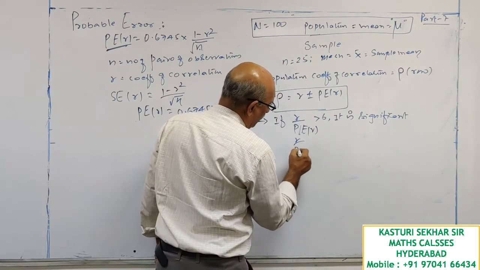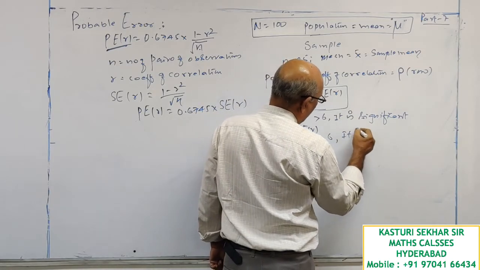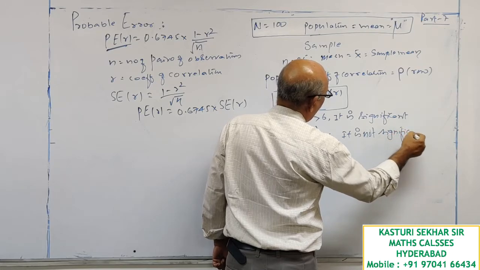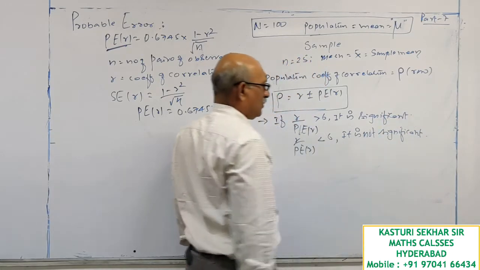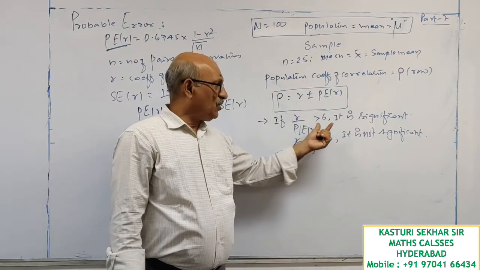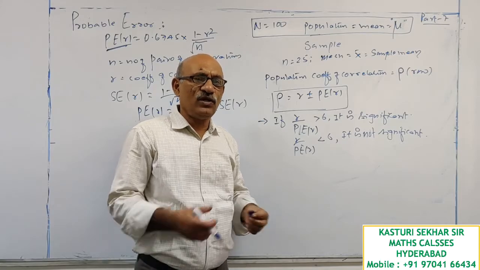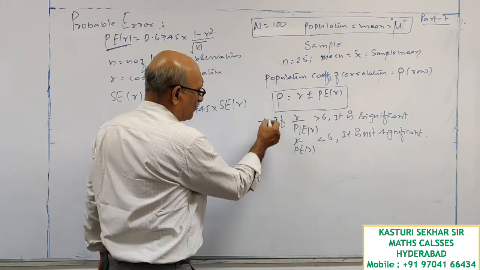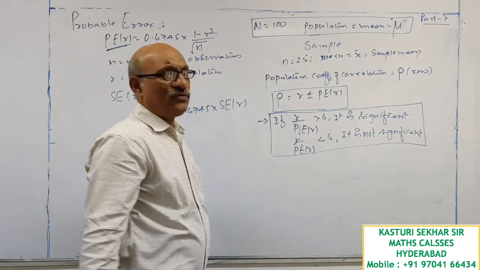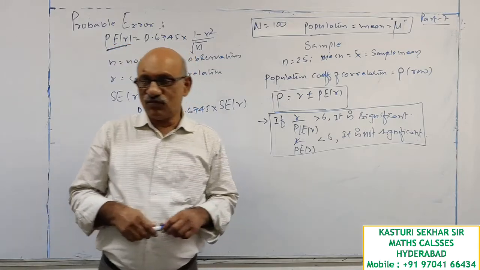If r by probable error of r is less than 6, it is not significant. Any theoretical point they will ask you. This significant and not significant concept is related to sampling, which we don't have in our syllabus. Just for solving the problems, you remember this, that will solve your purpose. Okay, let's see the questions we have here.